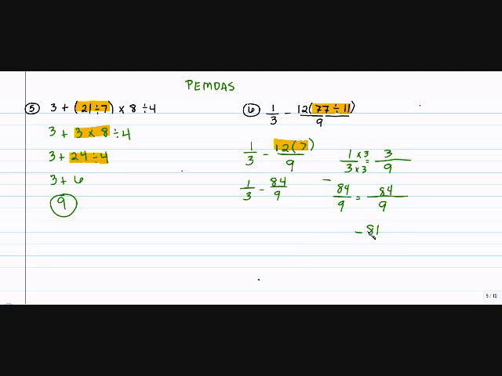The reason it's a -81 is because I have a +3 and a -84. The signs are different, so I find the difference, which is 81, and 84 is larger than 3, so I use the sign in front of the 84. Now don't forget, my common denominator is 9, and -81 divided by 9 is a -9.